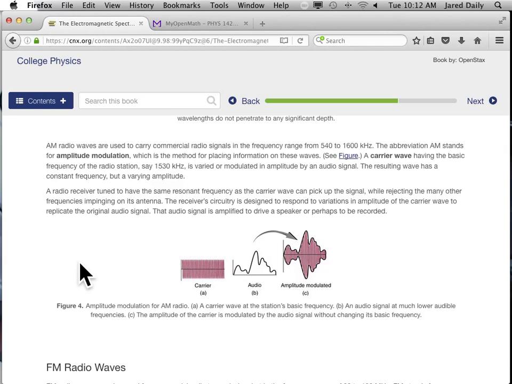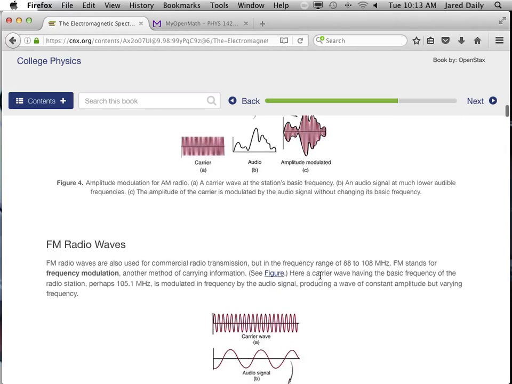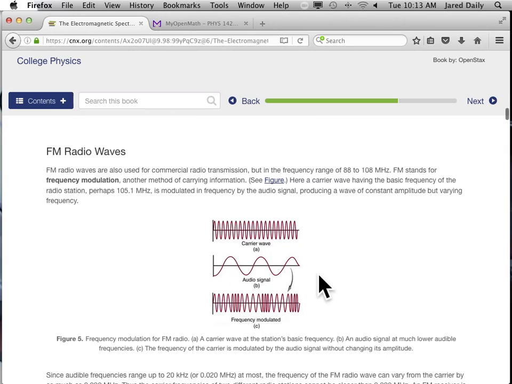Okay, so anyway, here they show us the idea of amplitude modulation. This is what a wave looks like for AM radio, where the frequency stays the same, but the amplitude changes. So this outside black wave is actually the sound wave that's carried by AM radio. But with FM radio, and this is a bad representation of it, this is what they call the sideband.